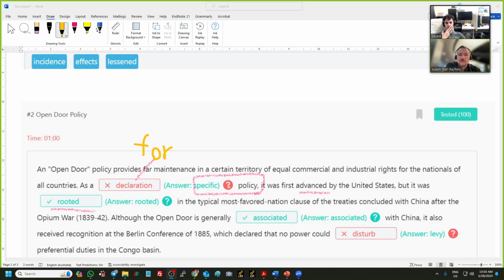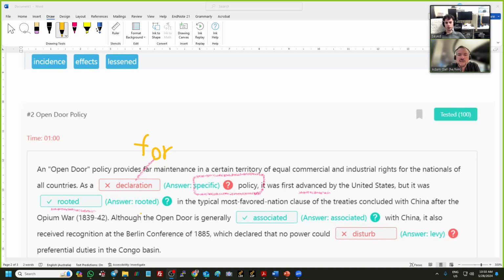So because they're talking about it being first advanced, to be a specific policy, it has to have been, I guess, named or labeled as such. But they're saying there's a difference between a policy that has this label, that's been specified as this type of policy, and a policy that has this effect but hasn't been given this label. And they see that as an earlier thing coming before open door policy.